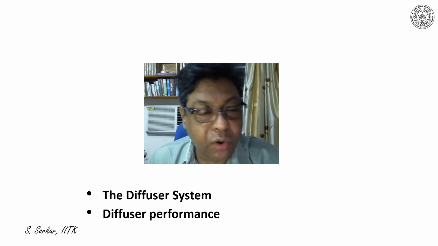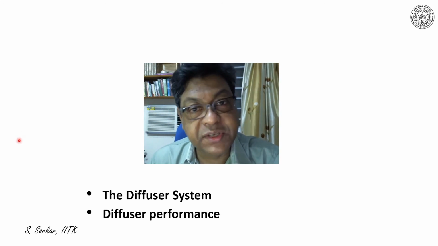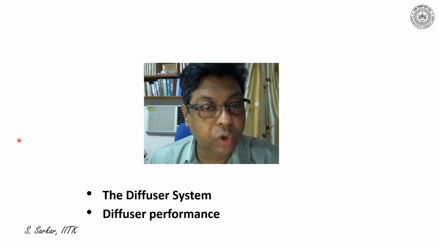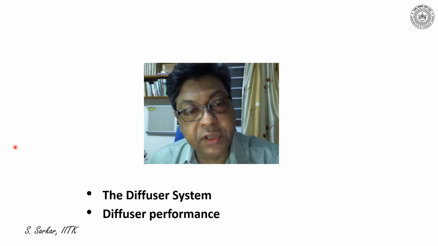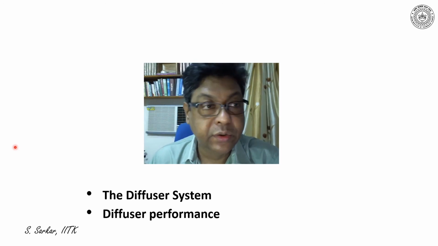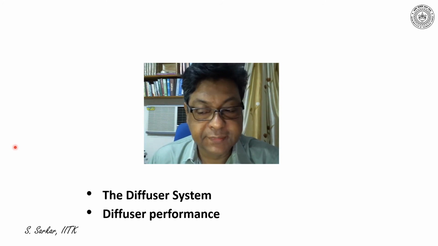I'll discuss now another important section, that is the diffuser system, vane and vaneless diffuser, that is volute casing. Furthermore, I'll try to derive the analytical expression for the diffuser performance.